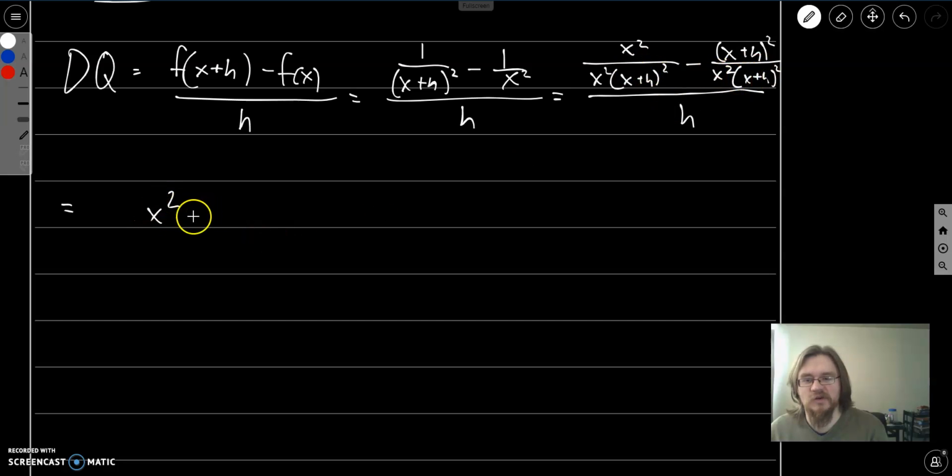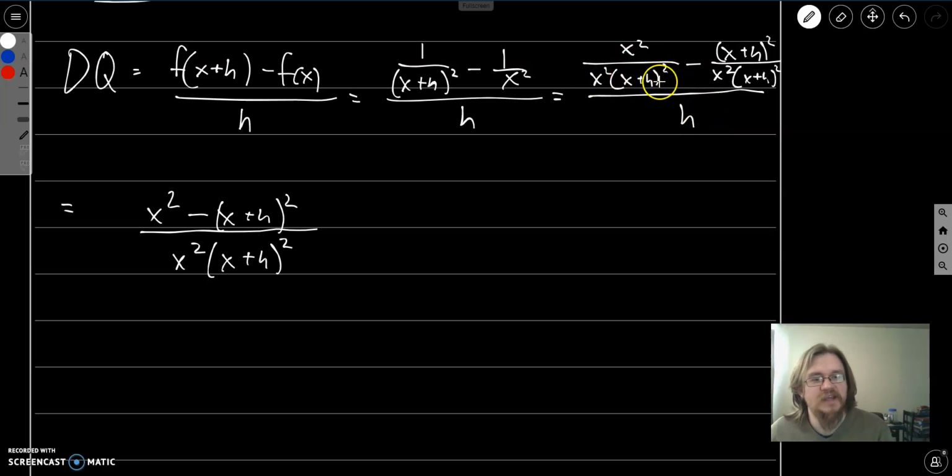So this is going to be x squared minus x plus h squared all over x squared times x plus h squared. But if I'm dividing a fraction by h, I just get to put this on the bottom. So I consolidated the tops, which is everything but the h, and then if I divide by h, I'm putting an h on the bottom of the fraction.